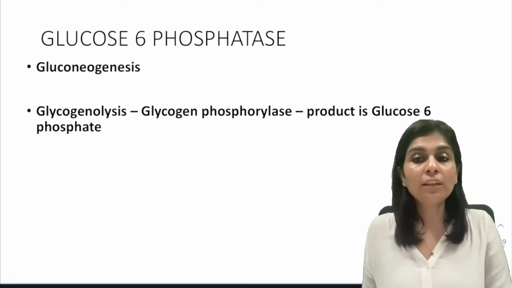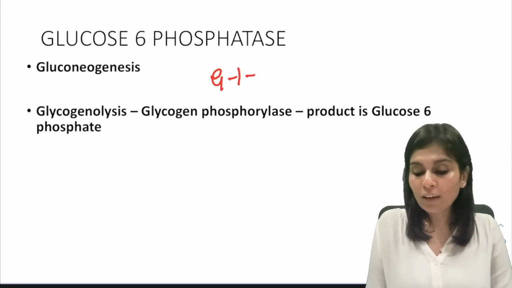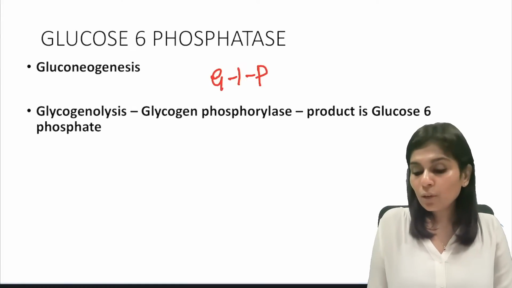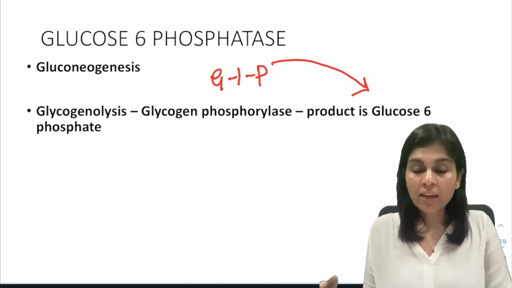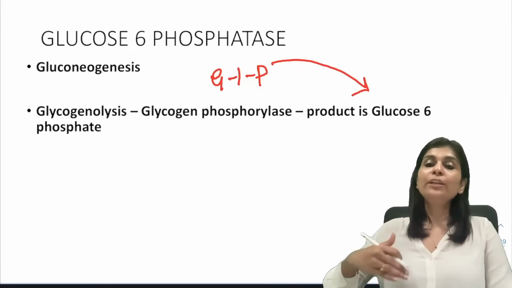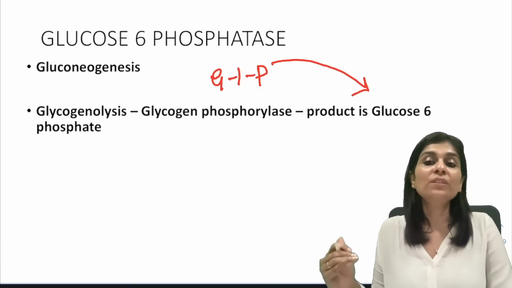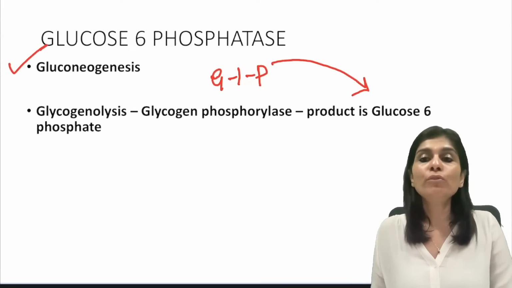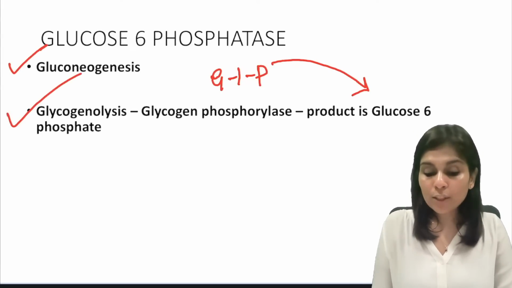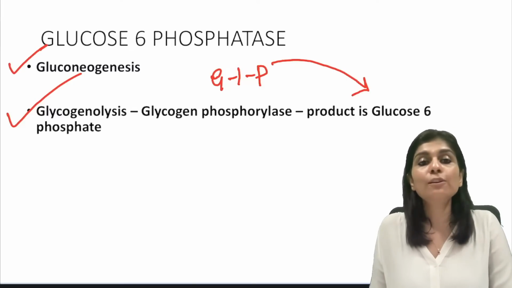So what is the product of glycogenolysis? It is not free glucose. The product of glycogenolysis is glucose 1-phosphate, which can become glucose 6-phosphate readily. But for glucose 6-phosphate to reach the circulation, the cell should have glucose 6-phosphatase. So it is not only an enzyme of gluconeogenesis, it is also necessary for glycogenolysis to increase blood glucose.